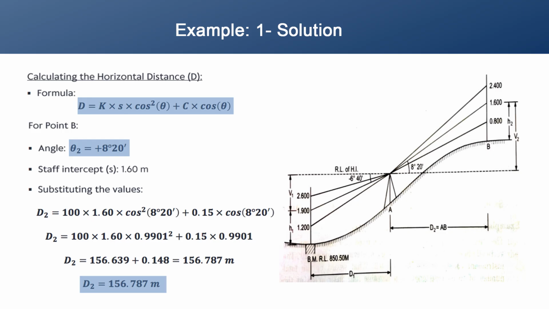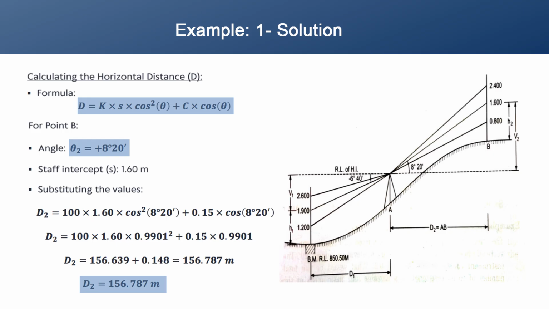Now, calculating the horizontal distance capital D. The horizontal distance D is given by the formula D is equal to K S cos square theta plus C cos theta. So, for point B, the angle theta 2 is 8 degree 20 minutes and the staff intercept S is 1.60 meter.